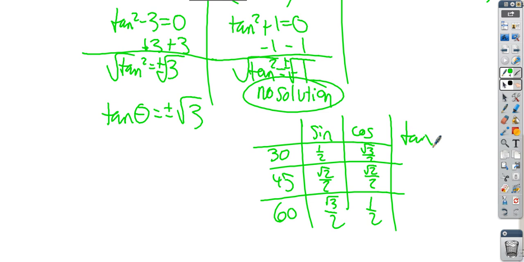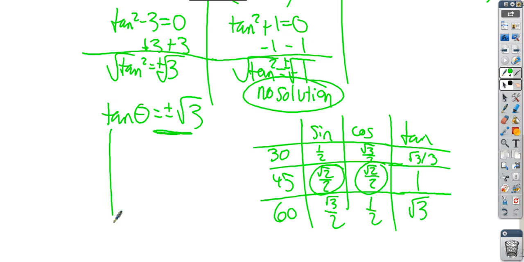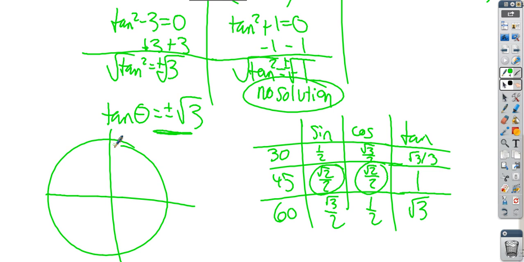Remember that tangent is sine over cosine. So the easiest one to learn is 45 because it's radical 2 over 2 divided by itself. Tangent of 30 is radical 3 over 3, and then tangent of 60 is radical 3. So this right here is actually going to have 4 solutions, because there are 2 places where tangent is positive radical 3, and that is in the 2 places where tangent has reference angles of 60.